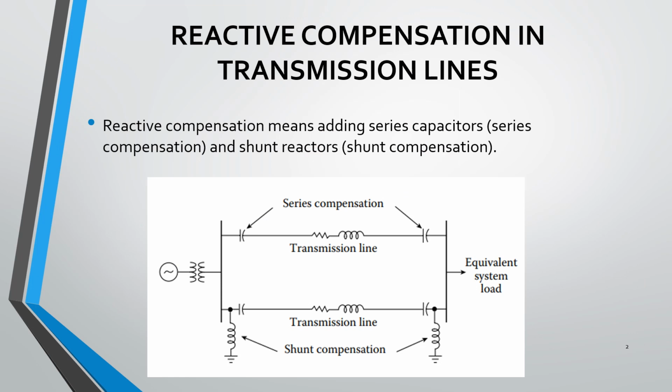Okay, there are two types of compensation, which we also call reactive compensation in transmission lines. Reactive compensation means adding series capacitors, which is series compensation, and shunt reactors, which is shunt compensation, because these two components belong to the reactive components, that is capacitor and inductor. A resistor is obviously not included in that, but without resistors we cannot complete any circuit.